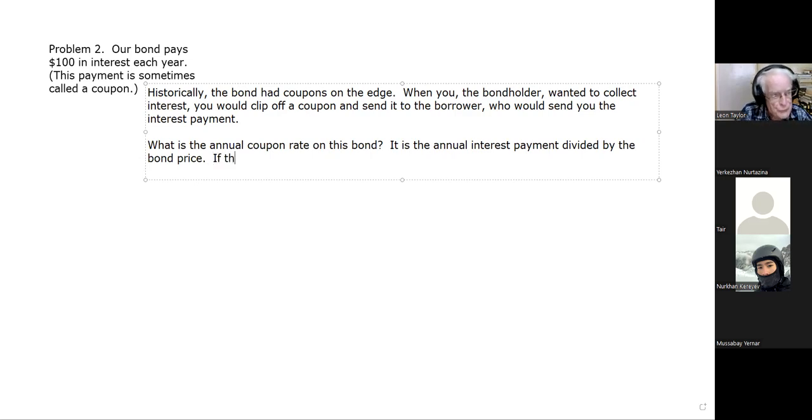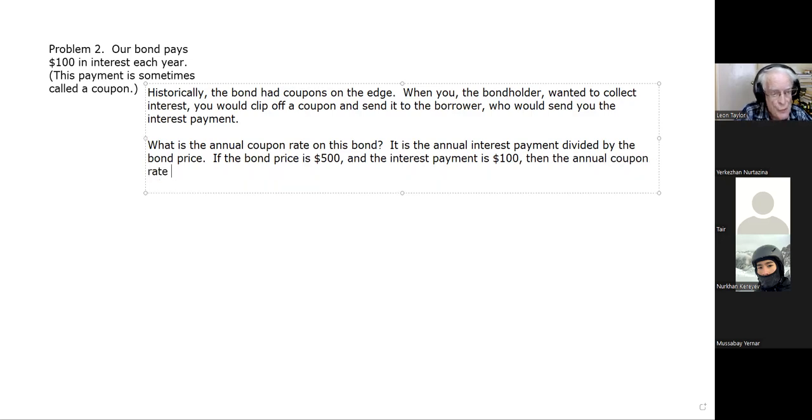So if the bond price is 500, and the interest payment is 100, then the annual coupon rate for the first year is 100 divided by the price of 500, or 20%, or 0.2.